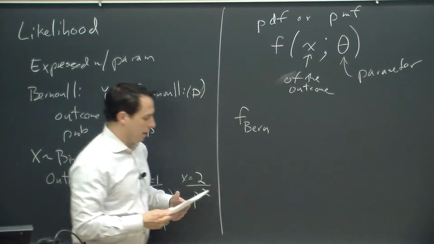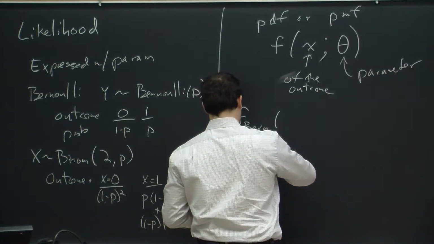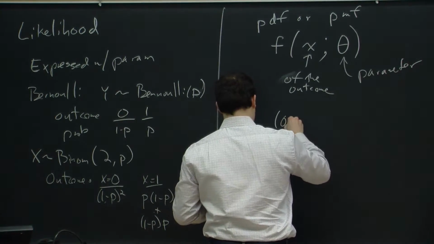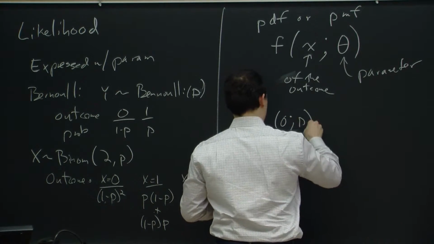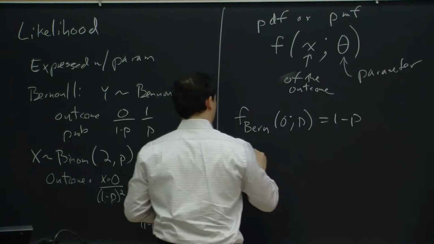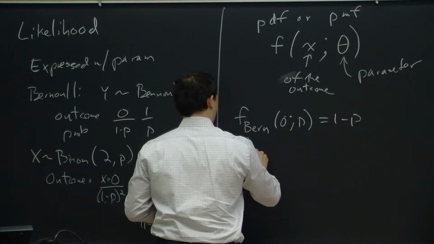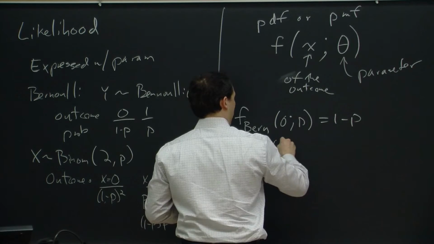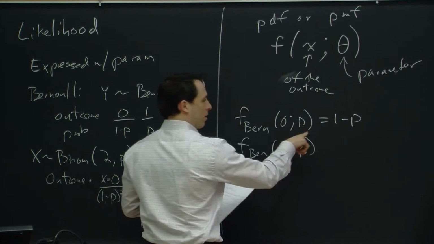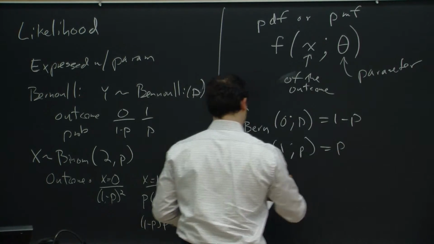So I'm going to write f Bernoulli. f Bernoulli(0; p) is just 1 minus p. And f Bernoulli(1; p), so there's the two inputs, is equal to p.